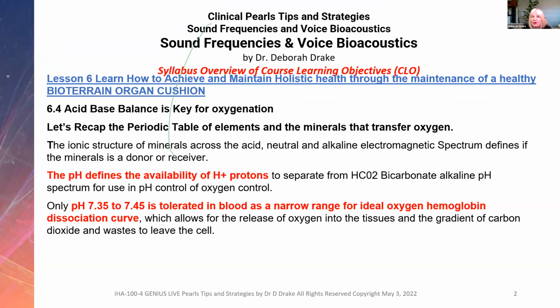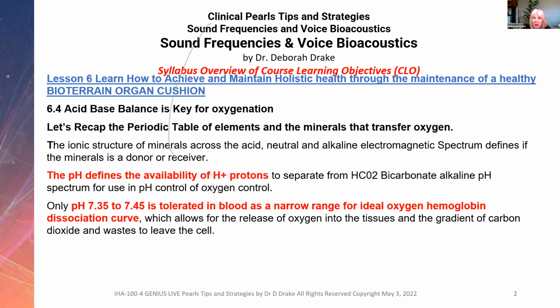The ionic structure of minerals does have some acid minerals, some neutral minerals, some alkaline minerals across an electromagnetic spectrum, which we call the periodic table of elements. And this defines whether a mineral is a donor or a receiver or just a neutral conduit. And the pH of the body tells you whether there's hydrogen positive protons available to jump onto those minerals to either acidify them or neutralize them.